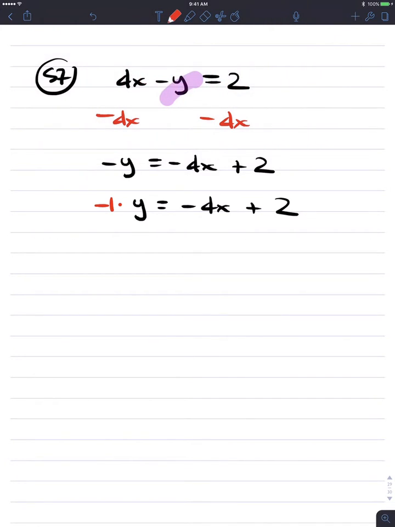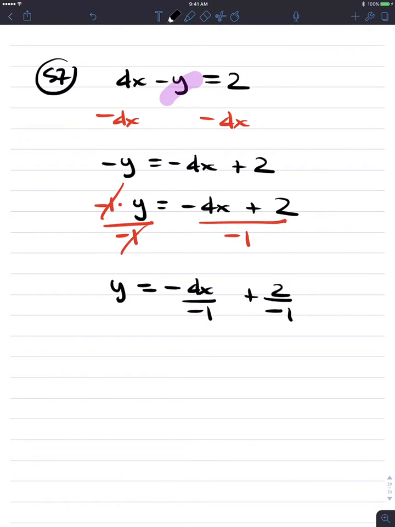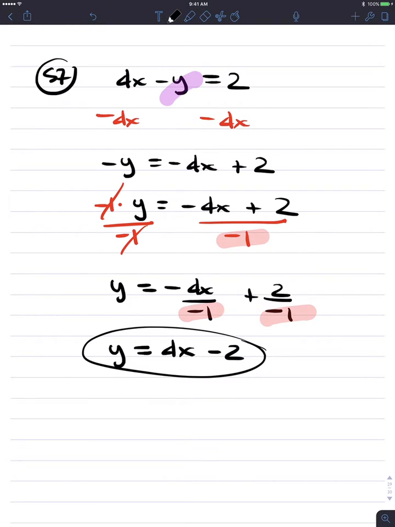We're going to divide both sides by negative 1 to undo the multiplication of negative 1. So we have cancellation here. Make sure you notice that the negative 1 is dividing both of those terms. So that I get y equals, a negative divided by a negative is a positive, and a positive divided by a negative is a negative. You're done.